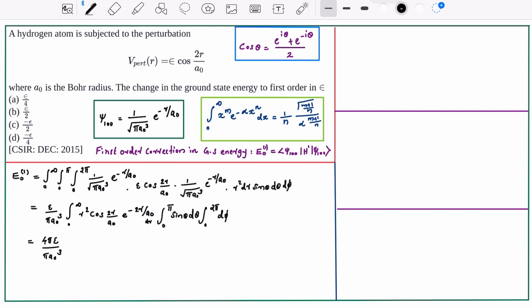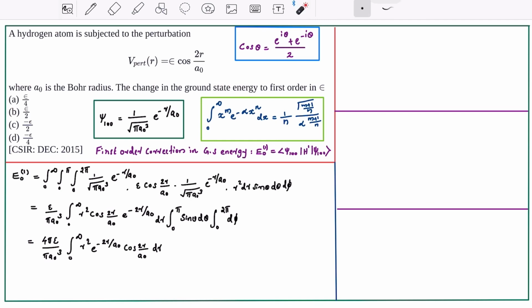The angular integrals give rise to 4 pi. So E01 becomes 4 pi epsilon divided by pi A0 cubed, integral 0 to infinity R squared e raised to minus 2R by A0 cos 2R by A0 dr.